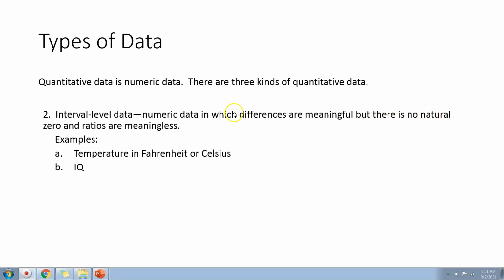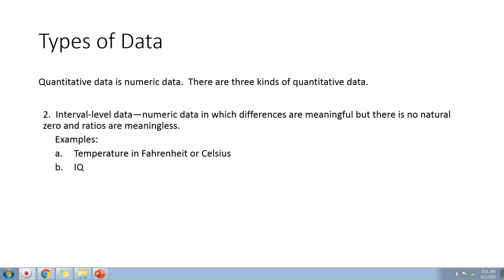We talk about there being no natural zero and ratios being meaningless. What that means is that 0 is sort of at an arbitrary place on the scale. This is usually when we've got a scale that somebody has imposed on something.